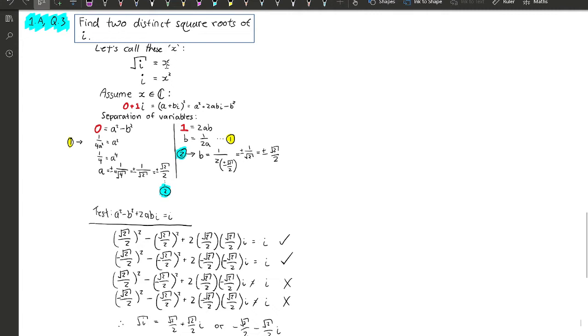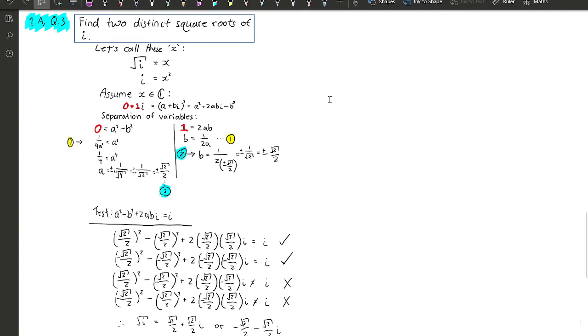So x is going to be two values, right? Which means that x squared must equal i. Let's just assume that x is a complex number because I don't know any real numbers that when squared equal i, right?